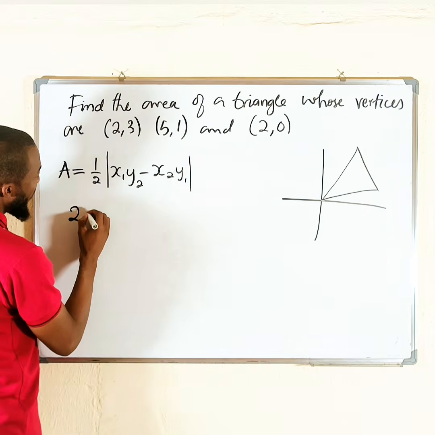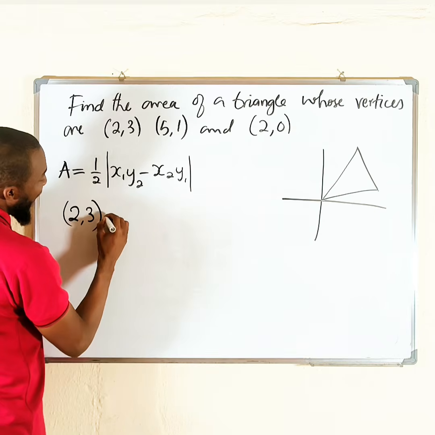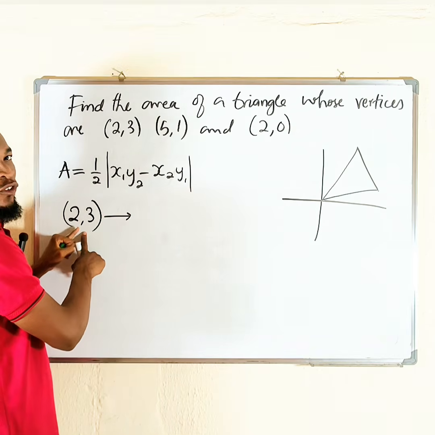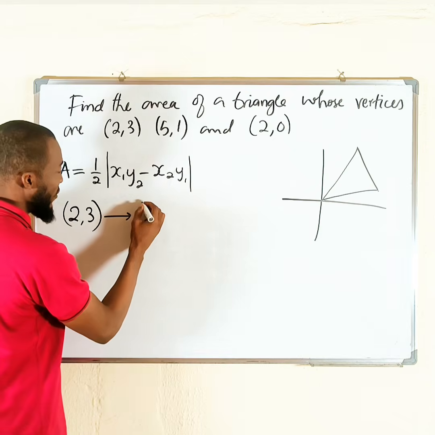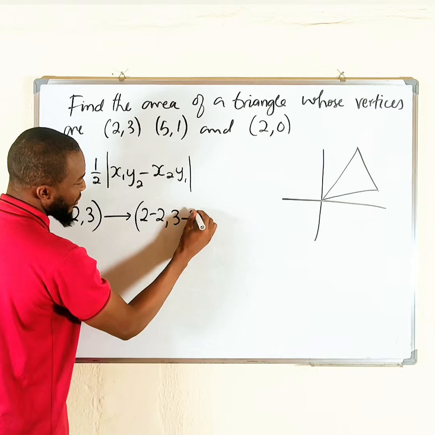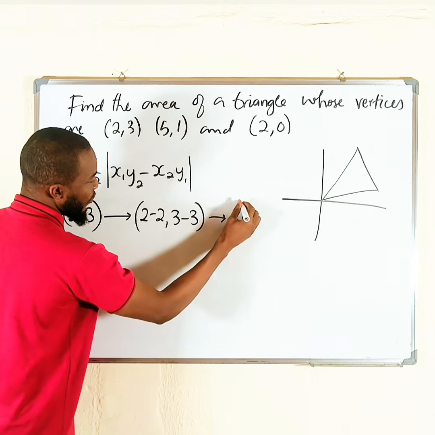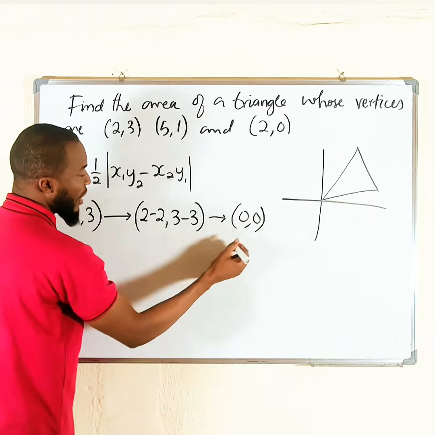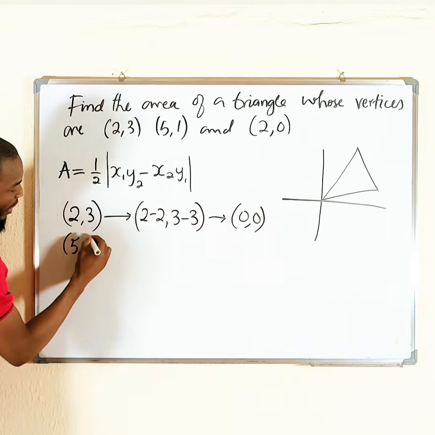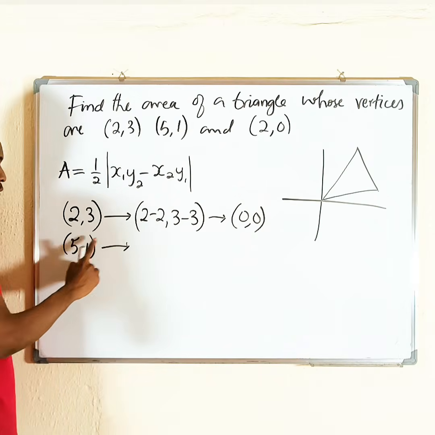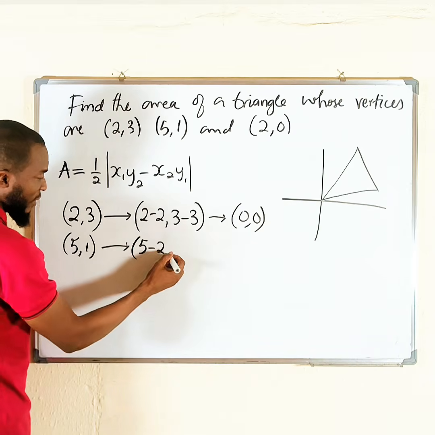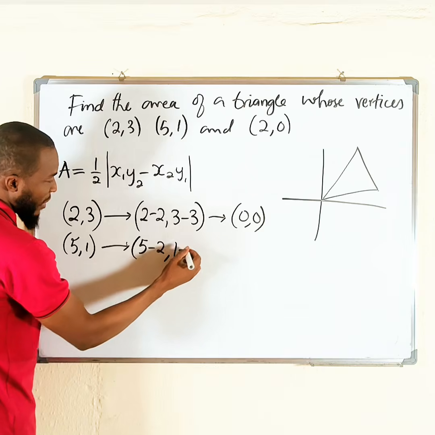If I take (2, 3), I can translate it to (0, 0) by just removing 2 on the x-axis and 3 on the y-axis. So something like this, 2 minus 2, 3 minus 3. This is going to take it to (0, 0). And I'm going to do it for the two other vertices. For (5, 1), since I have taken away 2 on the x-axis, I'm going to take 2 away from the x coordinate, then 1 minus 3.